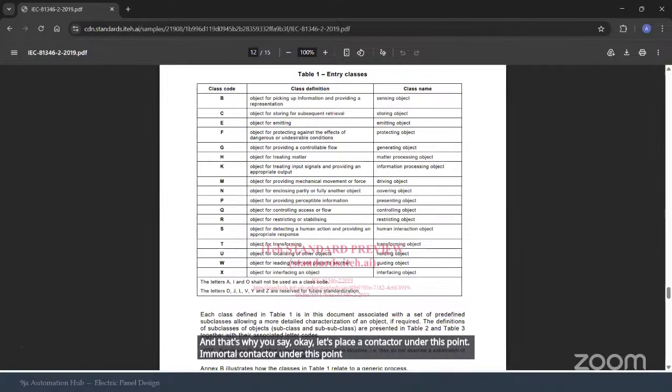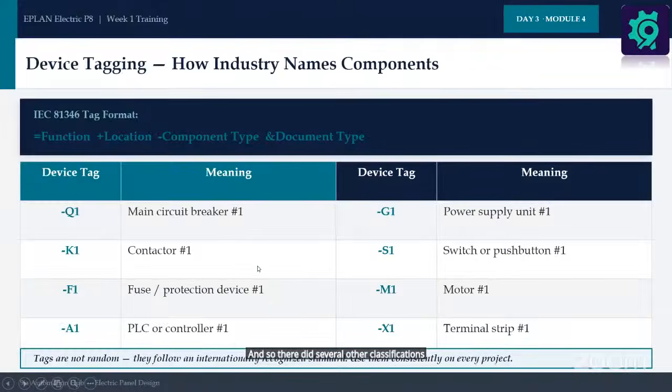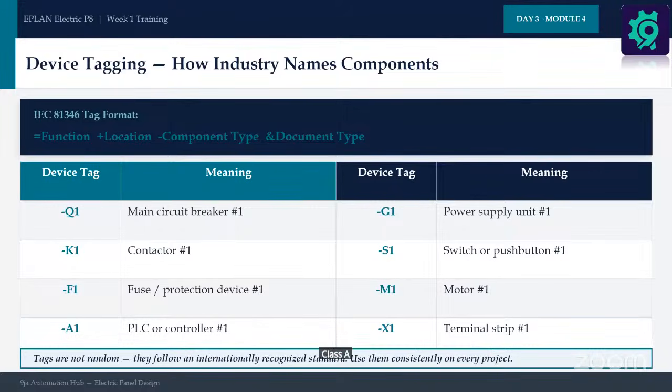There are several other classifications for K. You have KF, time delay, you have different classifications. And class A, I would say if you can write it down, class A for the IEC 61346, they are mostly for assemblies and sub-assemblies.